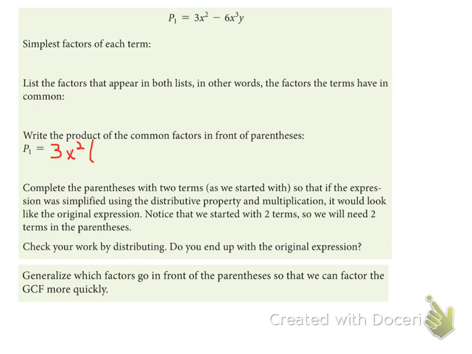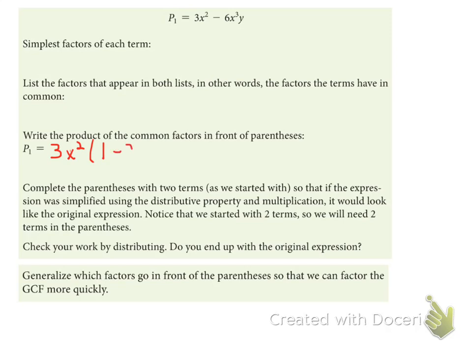So now we want to distribute and get what we started with. What do we need to multiply 3x squared by to get 3x squared? 1. What do we need to multiply 3x squared by to get that second term?